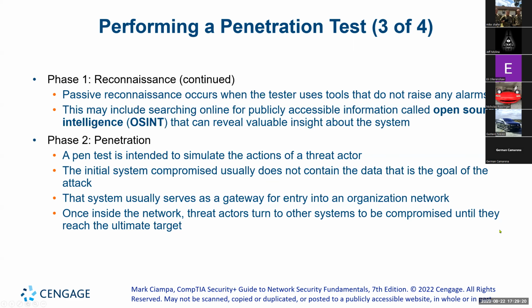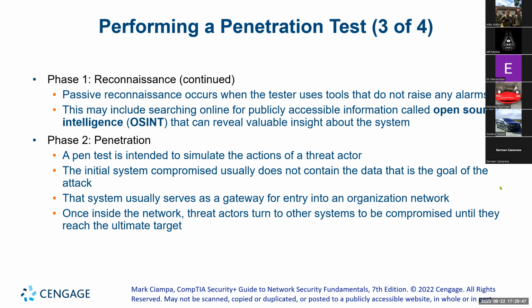Okay, so like I said, passive using your sniffers and things like that. A lot of times you can do a lot of things for open source intelligence. Have you guys heard of the Wayback Machine? Have any of you heard of that? Couple, okay.